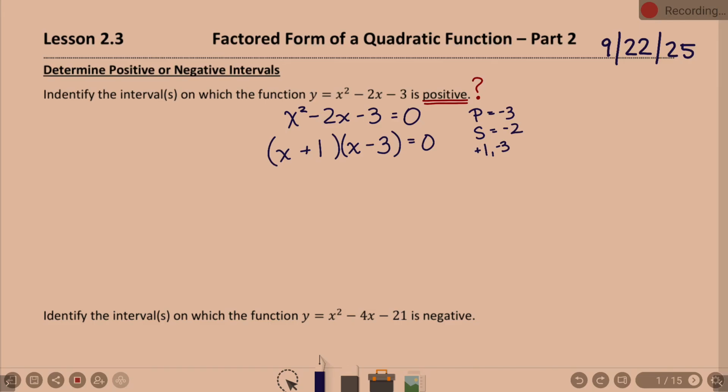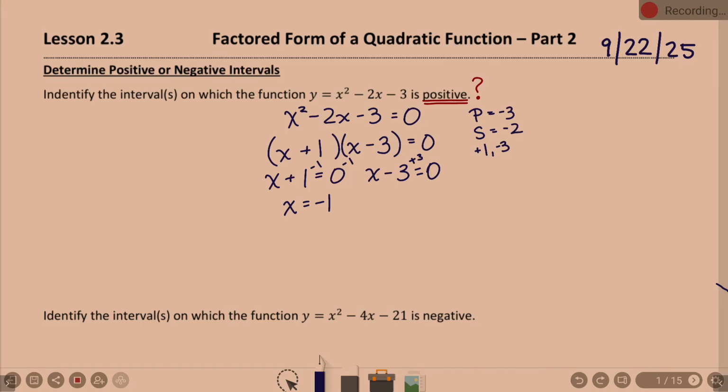Once you have those parentheses filled in, what do we do next? Take each factor and set them equal to 0. So x plus 1 equals 0 and x minus 3 equals 0. Solve each of those real quick. If it's x plus 1, I'm going to subtract 1: x equals -1.